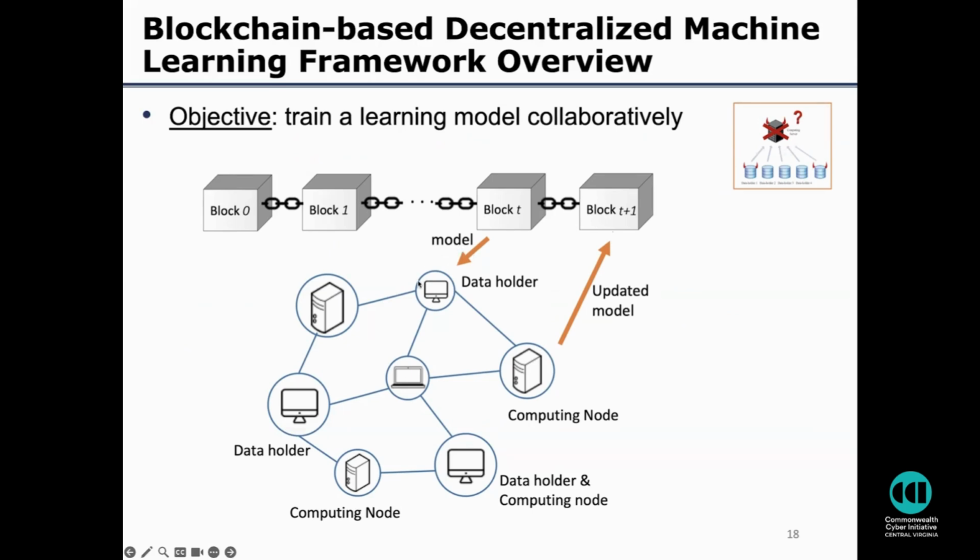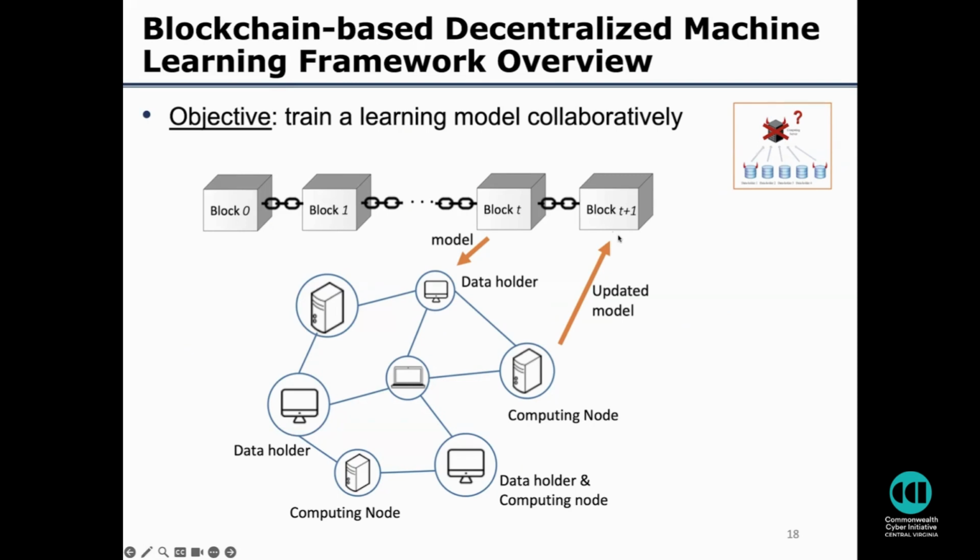The basic idea is the data holder obtains the current model from the blockchain to calculate the local gradients, and the computing node aggregates these gradients from all the other data holders, and then updates it to the blockchain.